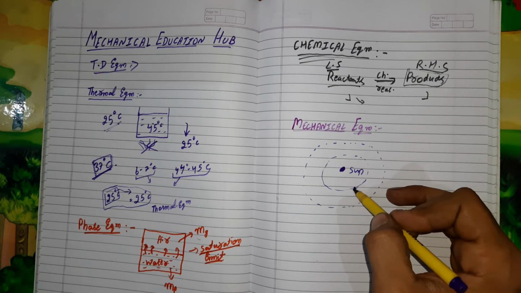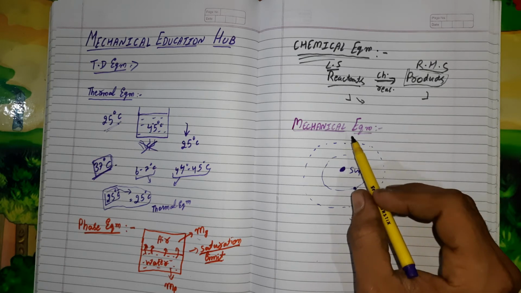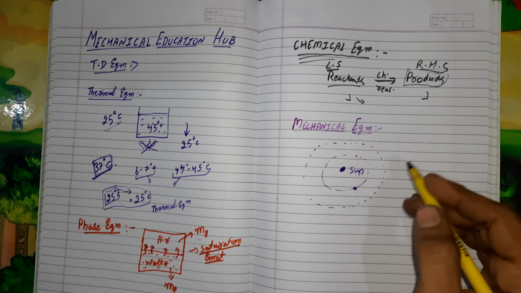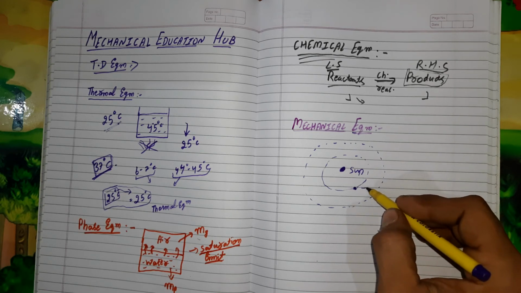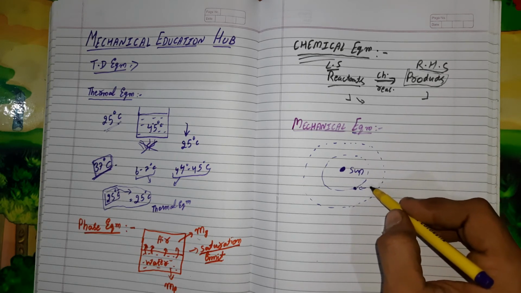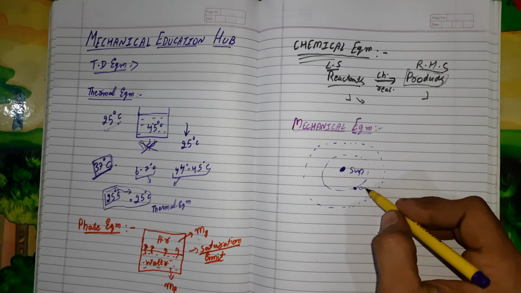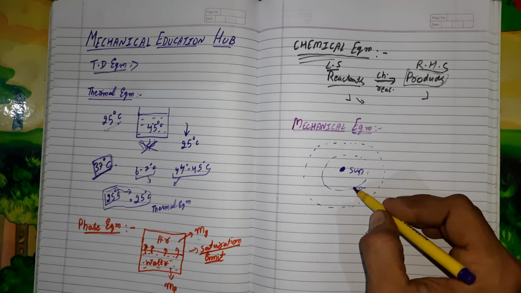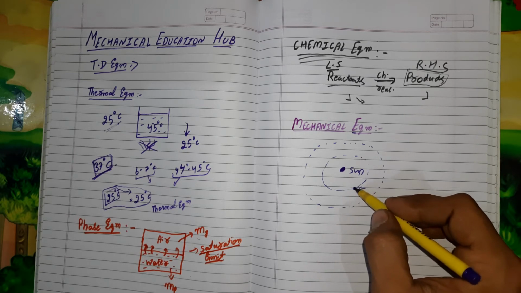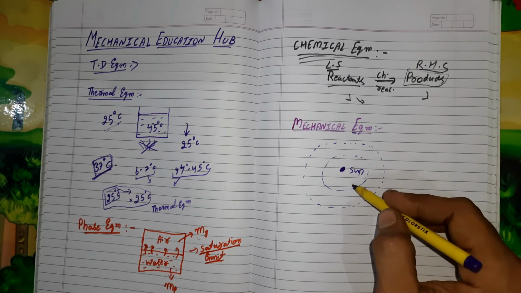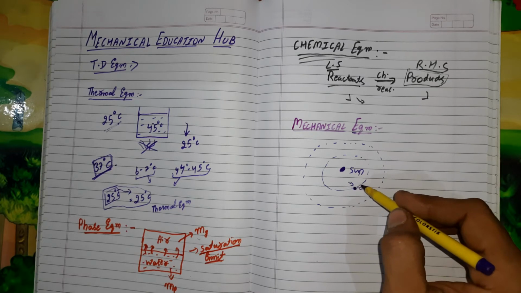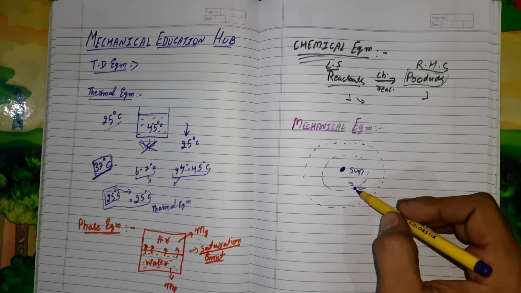The only case when their mechanical equilibrium is disturbed is when some kind of asteroid or heavenly heavy body collides with these planets. In that case, their mechanical equilibrium may slightly be disturbed.